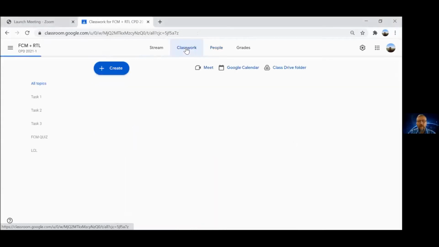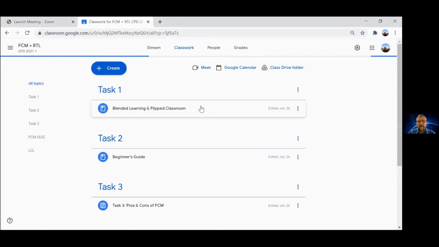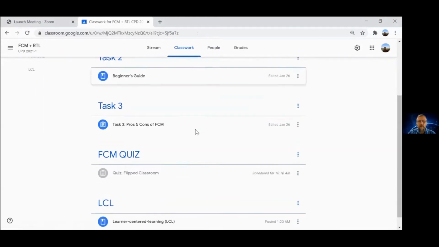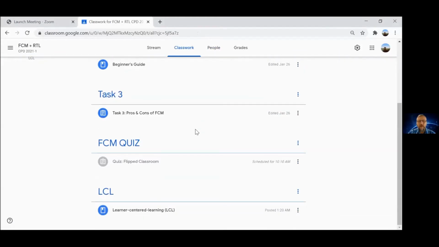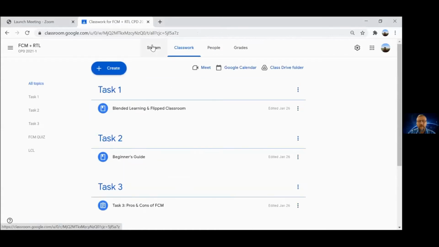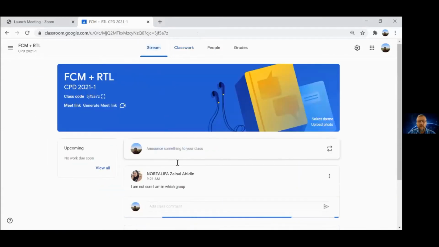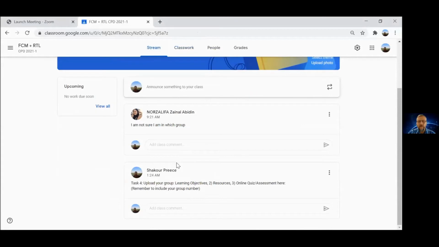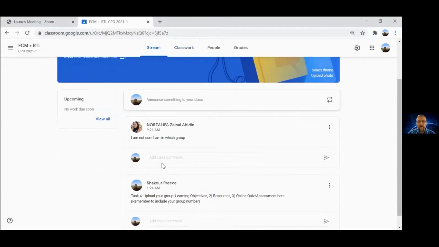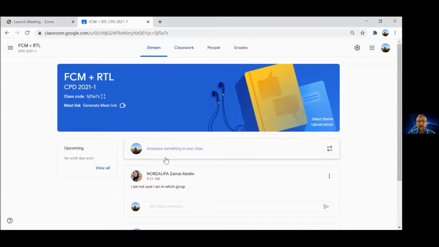So we're looking at the classwork here, and we have task 1, task 2, task 3, and then there's a quiz, and then a little bit about learner-centered learning. Here in the stream is where you would post your materials. I'll put a little note there. We're having two parts. The first part is theory, the second part is practice.